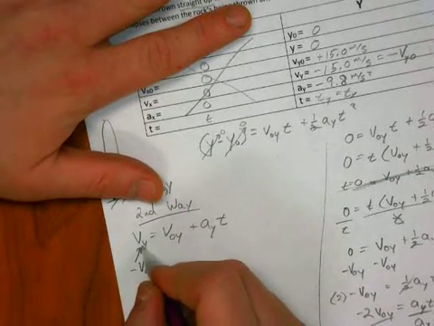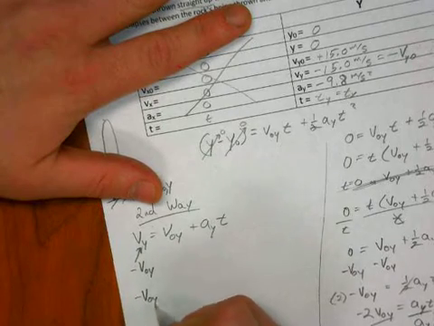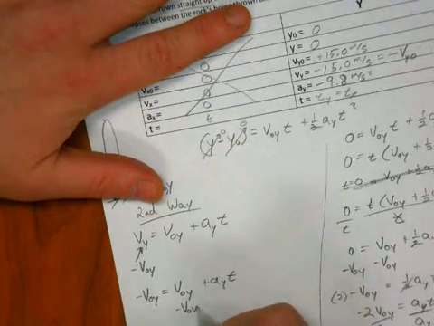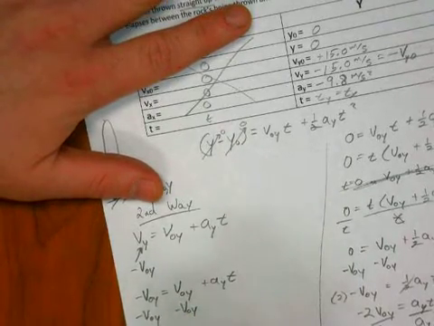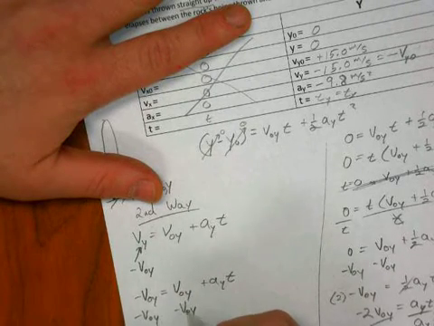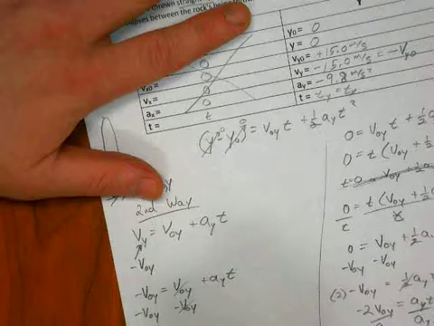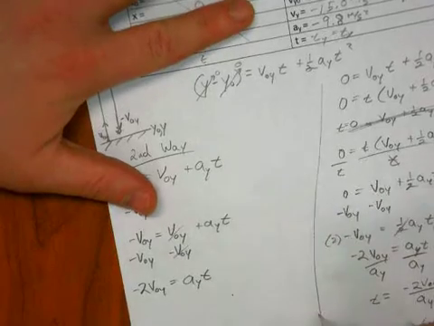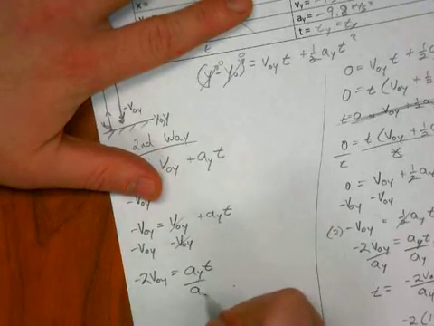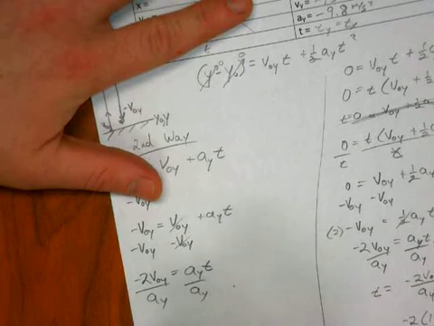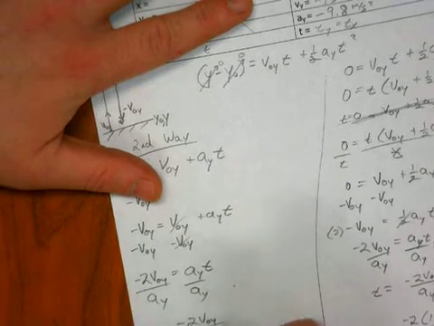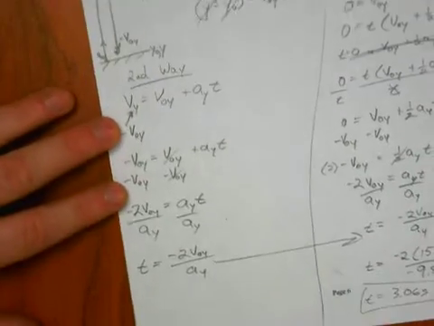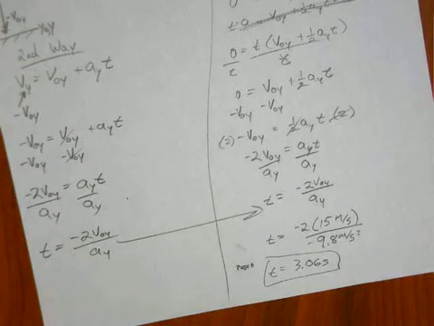So I can insert that in for vy. I have negative v0y equals v0y plus ay t. Subtract v0y from each side. You probably see where this is going. This minus this equals 0, and this minus this is negative 2 v0y equals ay t. I'm going to divide each side by ay, and I'm going to flip it. Negative 2 v0y over ay. Look, we have the same solution. Doesn't matter which way you work it, it's the same solution.